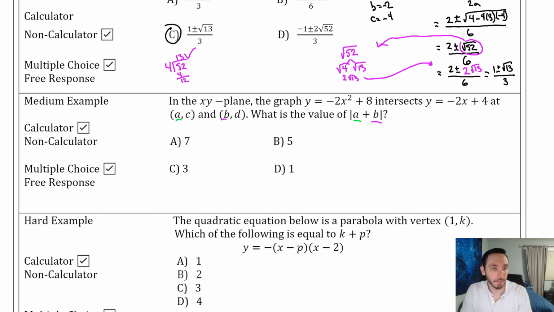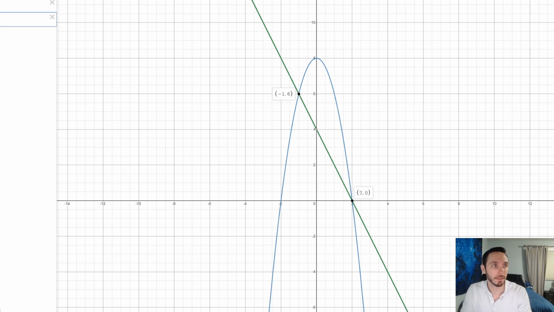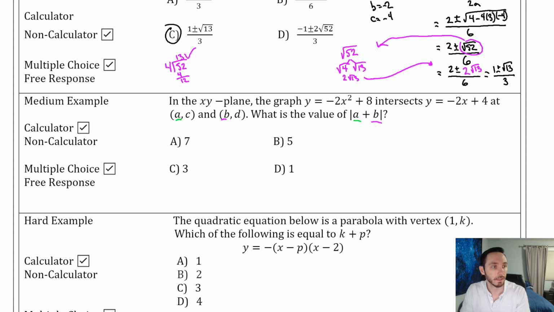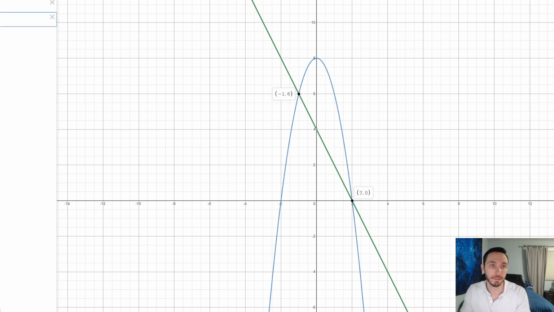So here, maybe for the sake of having this keyed out, here's my parabola. Here are my intersections. So the a value here was negative 1, and then my b value here, the other x component, is 2.